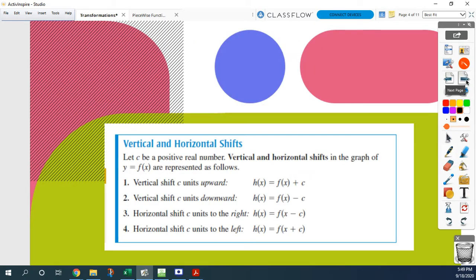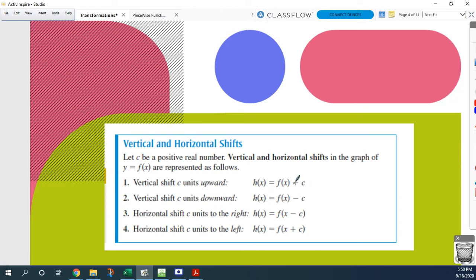All right, so going on, remember that we have different types of transformations. The first type are the shifts to our graphs. We can have vertical and horizontal shifts. So we can either move it up and down, and also left and right. Remember that if we're adding or subtracting a number to the outside of the function, that's going to move it up or down, in the same direction as the sign.